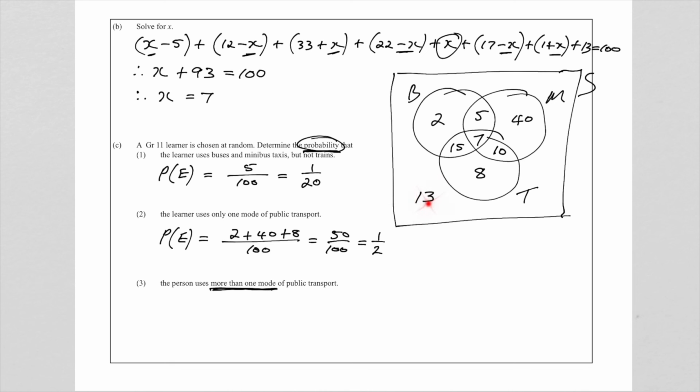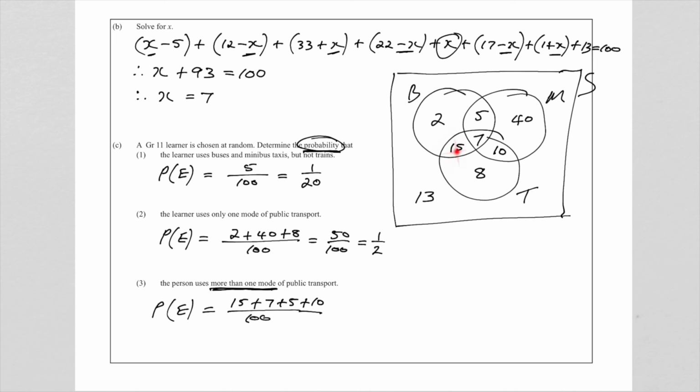Now, more than 1 mode means we must exclude those 3 as well as this one, because this is no public transport. These ones use 1 mode of transport. More than 1 mode will be this, plus the 7, plus the 10. So let's just write it down. So the probability for this event, our sample space is 100, and we're going to say 15 plus the 7 plus the 5 and plus the 10.